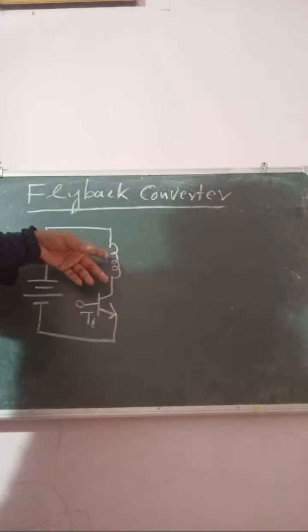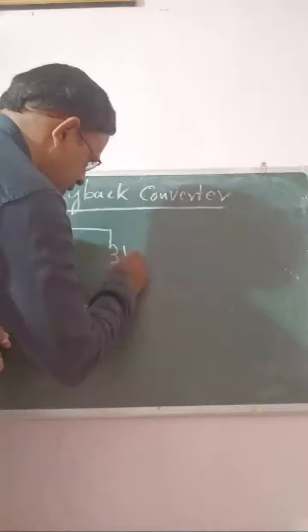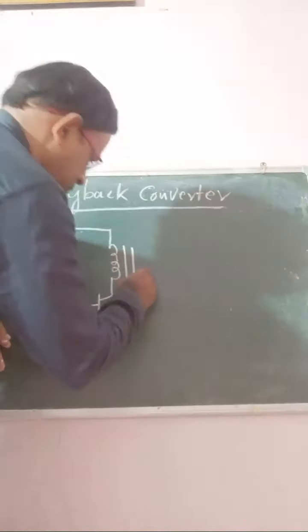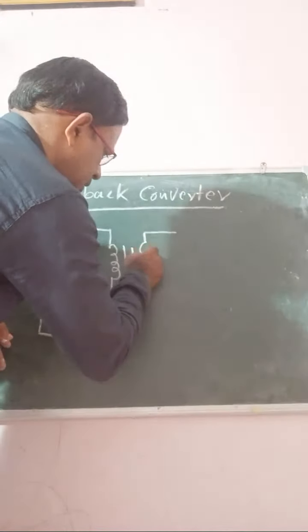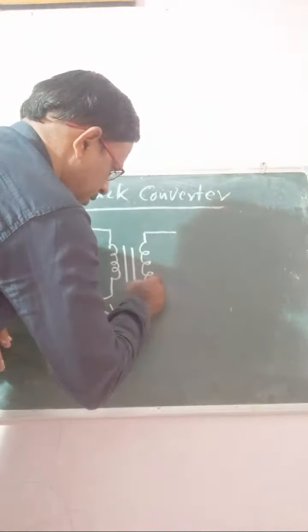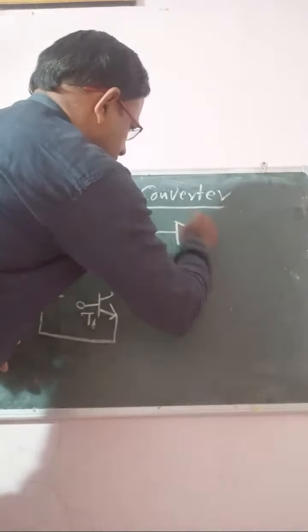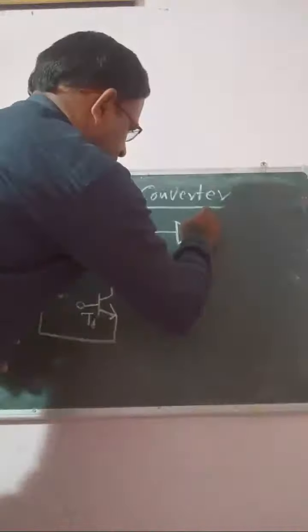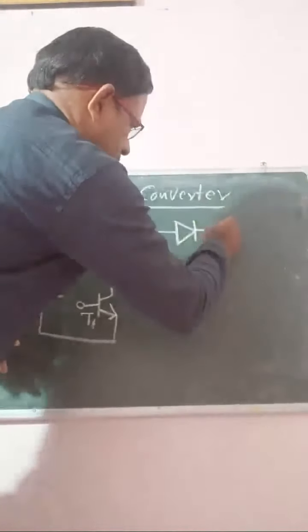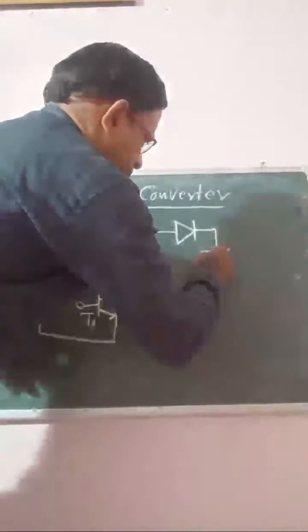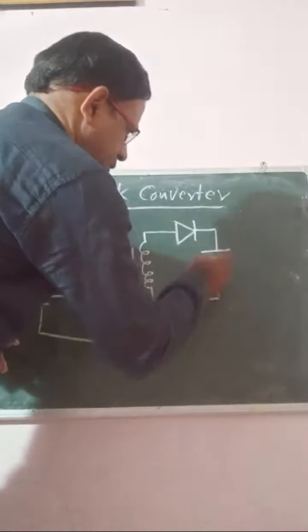This is the primary winding of the transformer, and this is the secondary winding, and this is your flywheel diode, and this is a capacitor.